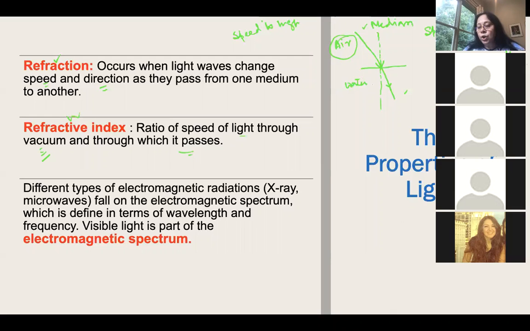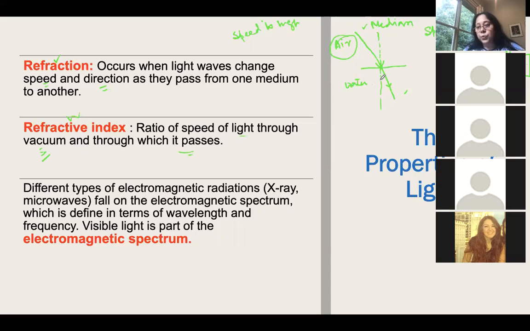So we divide the speed of light in glass by the speed of light inside the vacuum. That's the ratio, the refractive index. If we know the refractive index, then we know the direction of the light.